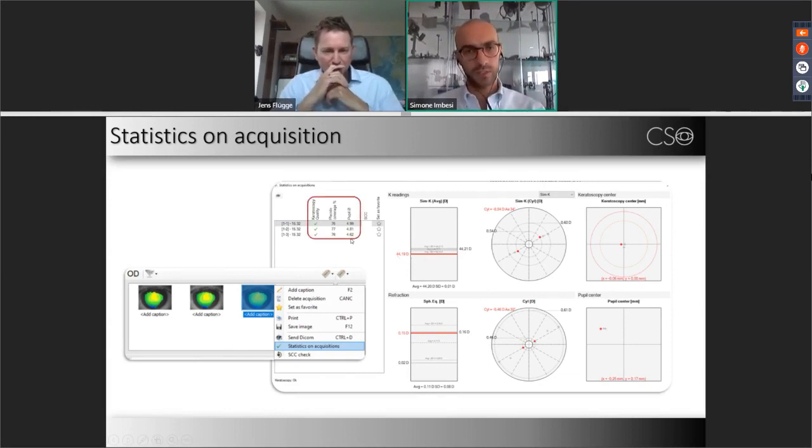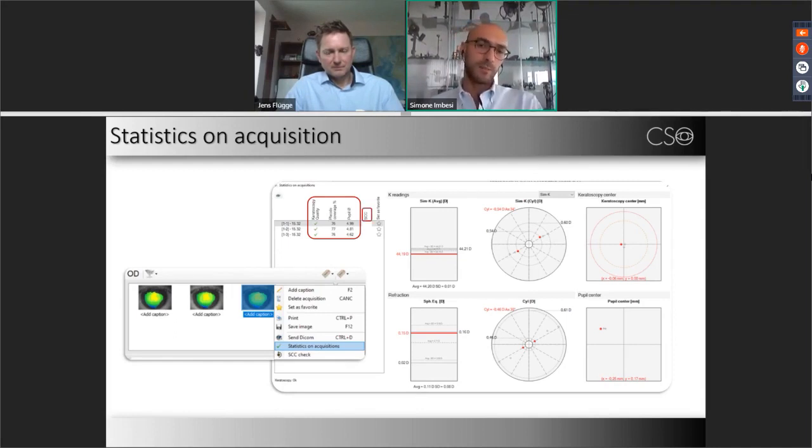The first thing that this report gives is some information about the quality of keratoscopy, so whether you had a good tear film or not. The second piece of information is the Placido coverage, which we said is really important, and information about the diameter of the pupil, which is important for aberrometry, because the larger the pupil, the more information we can get from the total aberrometry.